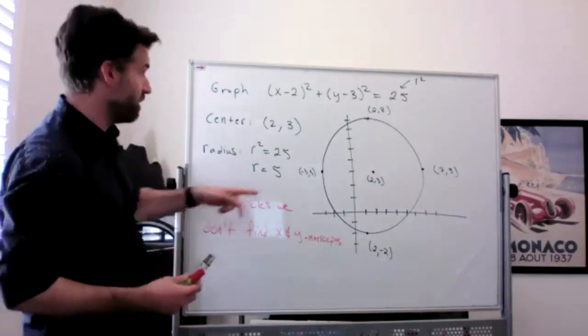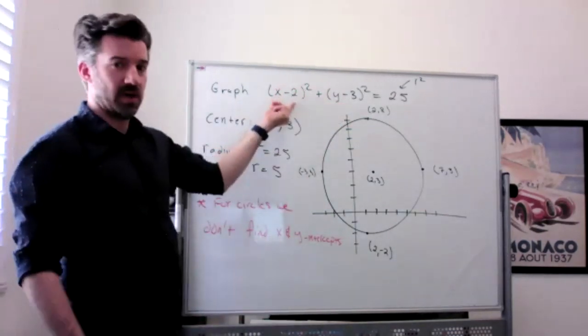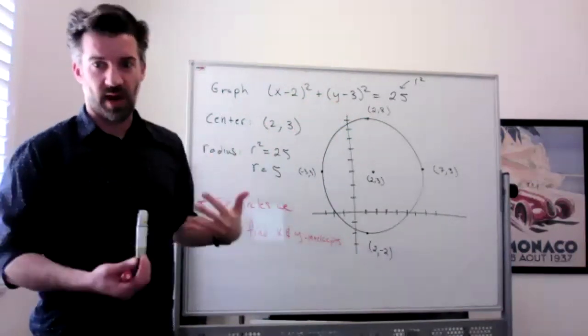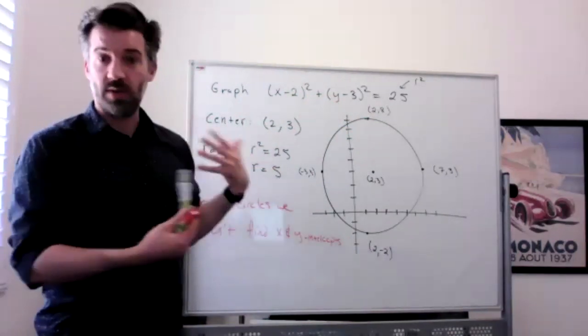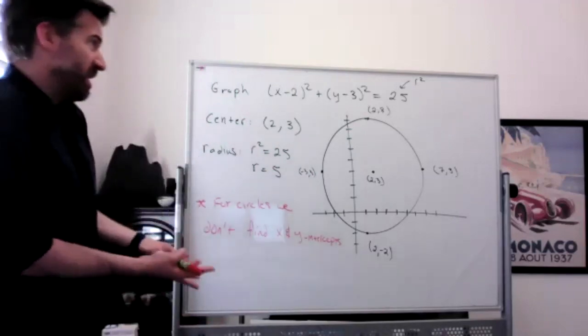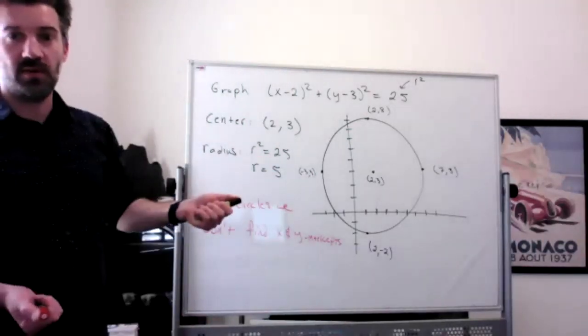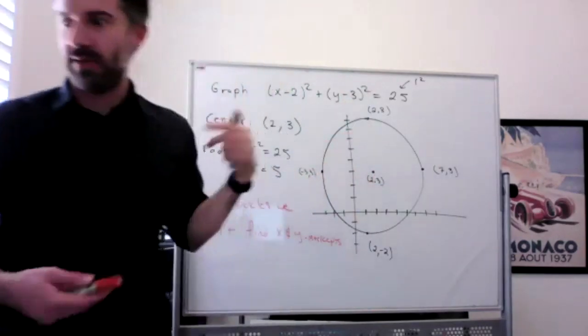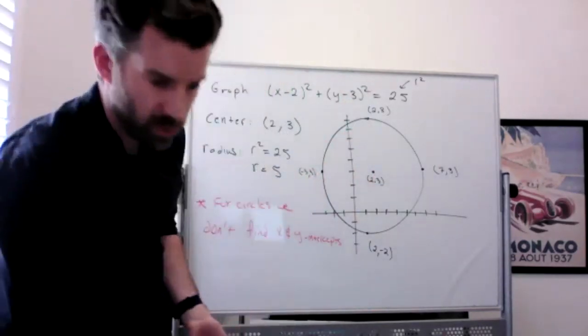I could find the y-intercept by setting x equal to 0 and then solving for y, but it's not really an important piece of the graph of the equation, so we don't bother. So that's how you graph a circle. Plot the center, go the radius in each of the 4 directions, plot those points, and then circle.